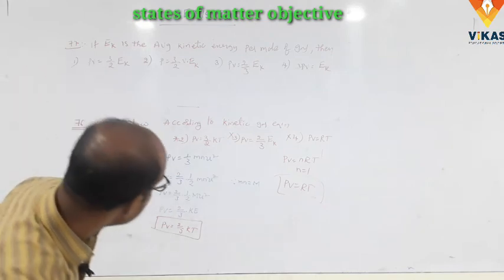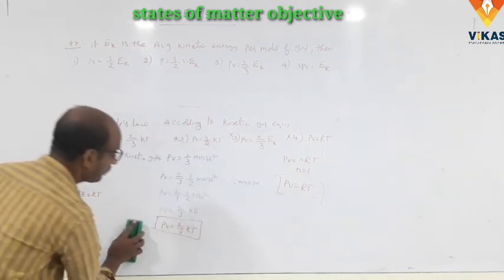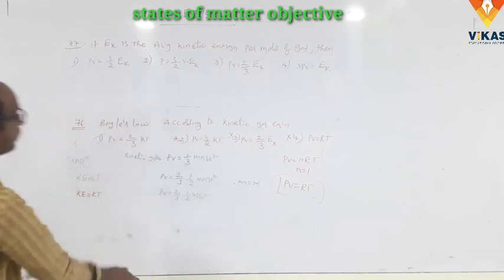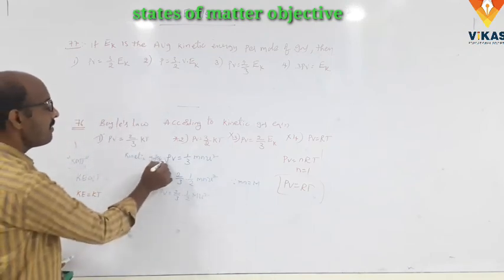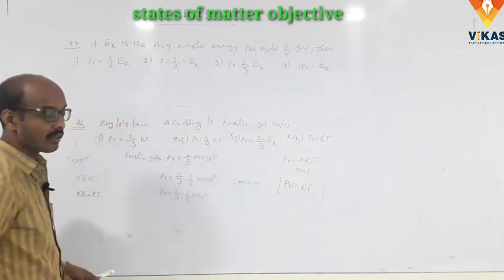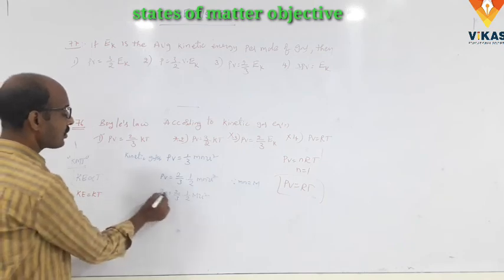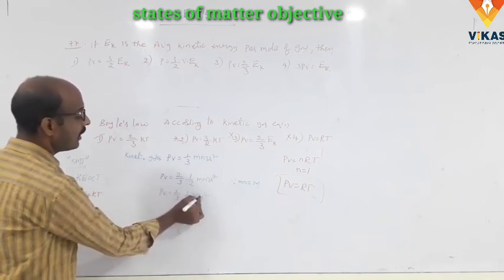Here is where it changed for us. In the kinetic gas equation, PV is equal to 1/3 m n mu square, and PV is equal to 2/3 into 1/2 m n mu square.